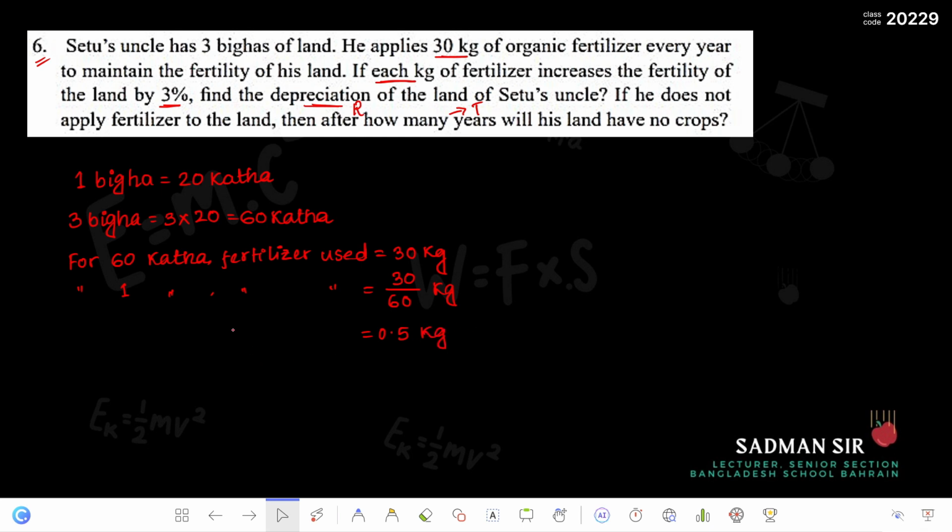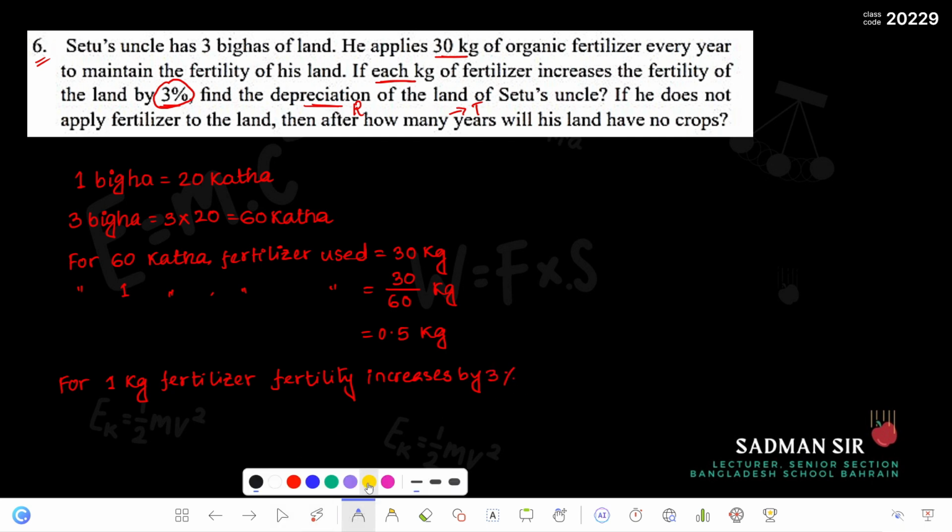Okay, now for 1 kg of fertilizer, the fertility increases by 3%. So we can write: for 1 kg fertilizer, fertility increases by 3%, right?